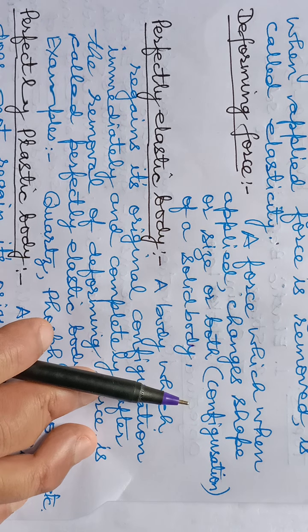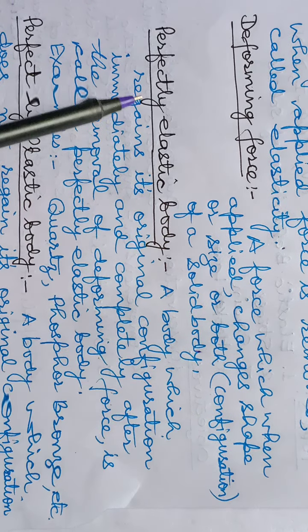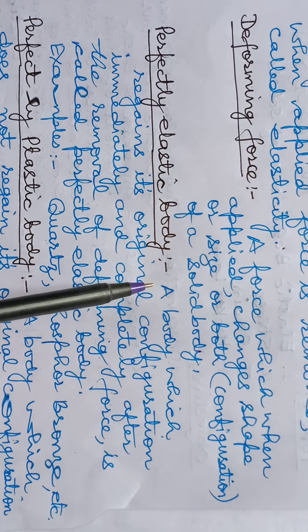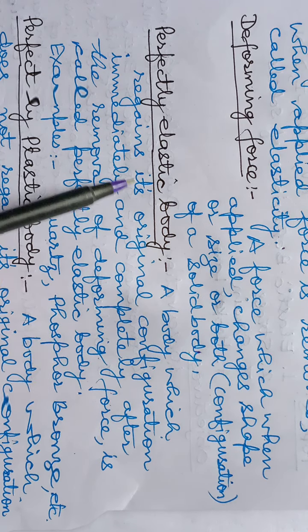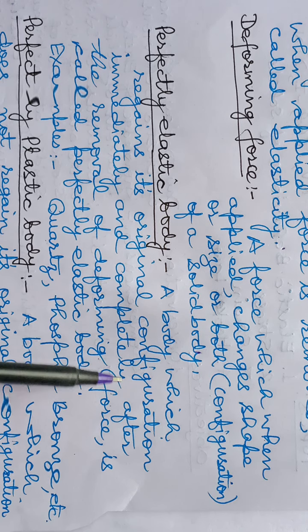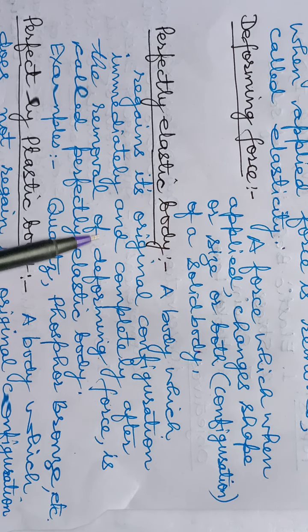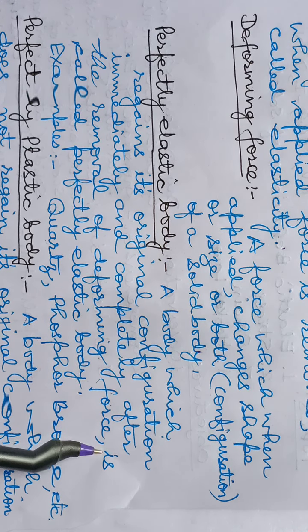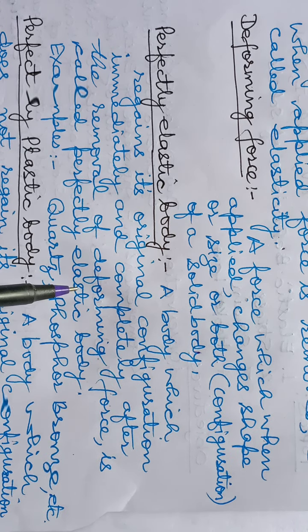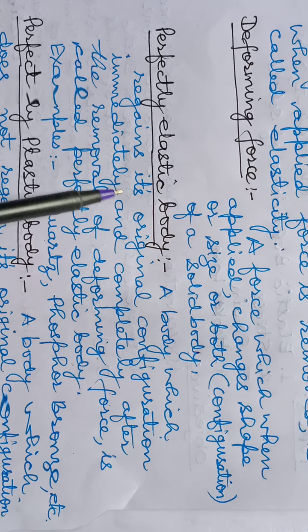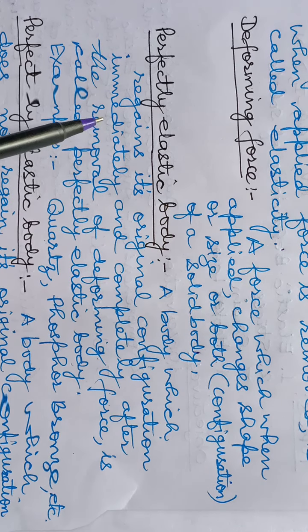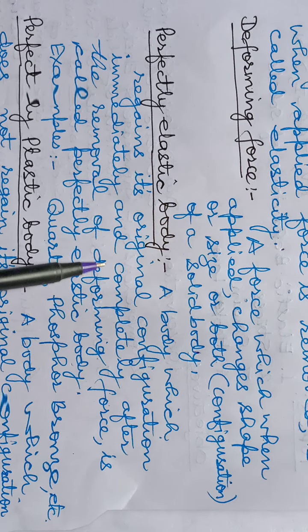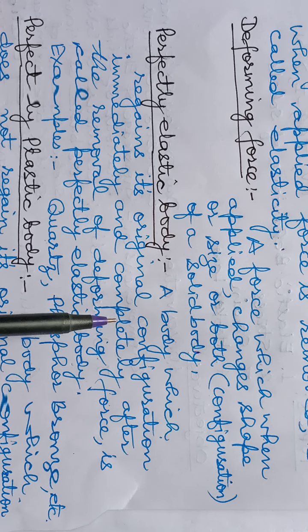Now the next concept is perfectly elastic body. A body which regains its original configuration immediately and completely after removal of the deforming force is called a perfectly elastic body. Here we have said immediately and completely.